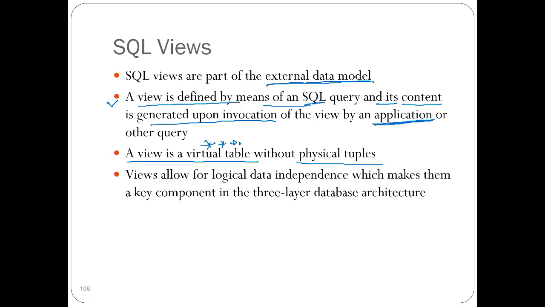This is the important point which I mentioned a few seconds back. Views allow for logical data independence. What is the advantage of logical data independence? If you have written your application in such a way that it is interacting with a view, then you have the flexibility of making some changes in the base table, and those changes will not impact your application, because your application is in fact interacting with a view.